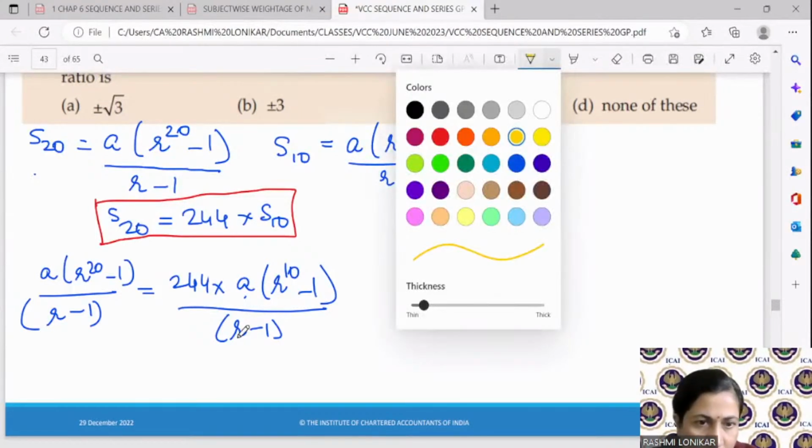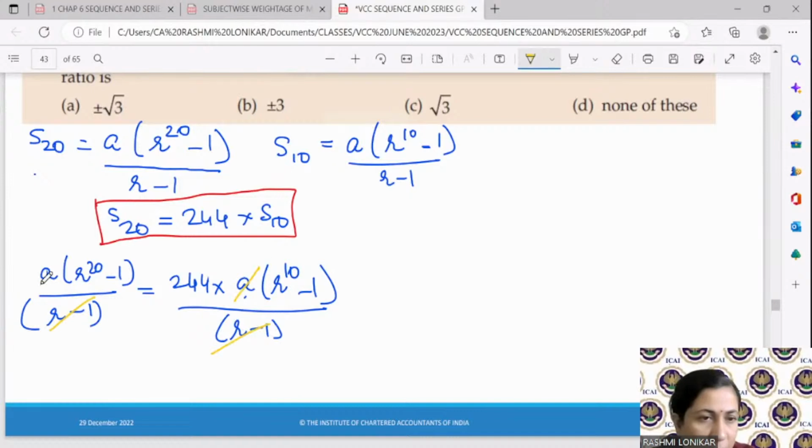This R minus 1 will get cancelled, and this A will also get cancelled.